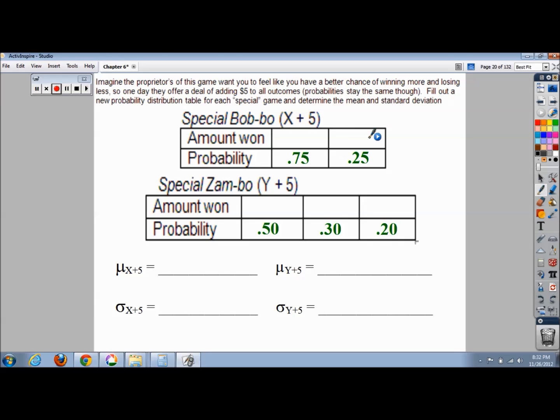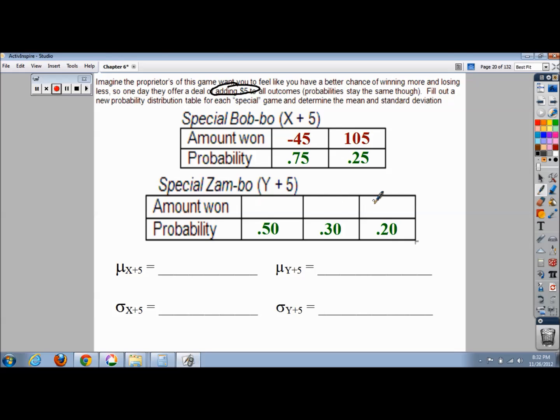Now, before we had a 25% chance of winning $100, but now in this special case they're saying you can add $5 more to that. So now we could win $105. And before we would lose $50 if we didn't get 2 tails. So they're saying add $5 to that. So instead of owing them $50, we only owe them $45 instead.